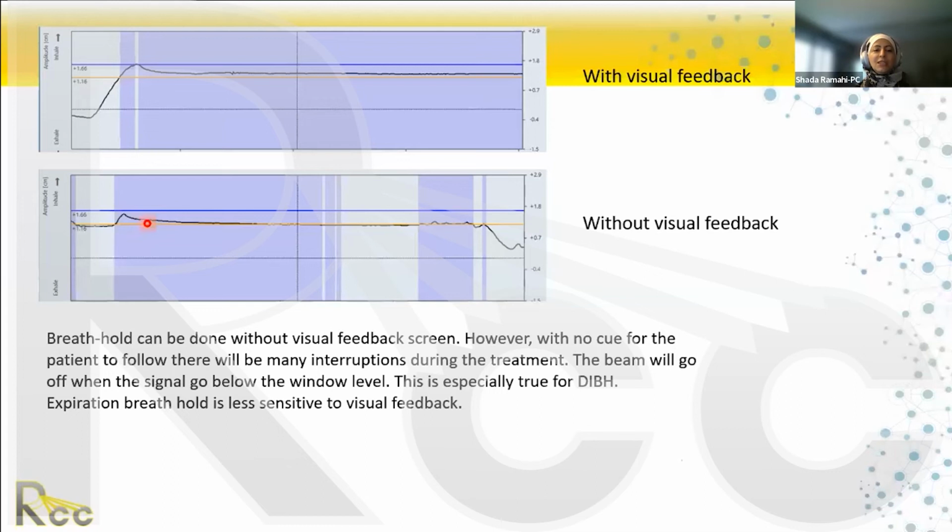But if the patient is consistent, let's say breathing higher or lower than they've been doing in the CT sim, then the therapist calls in the physics and the radiation oncologist. We look at the CBCT images and compare them with the CT simulation images.